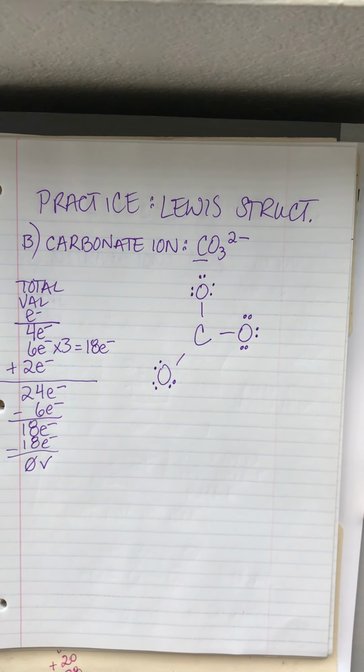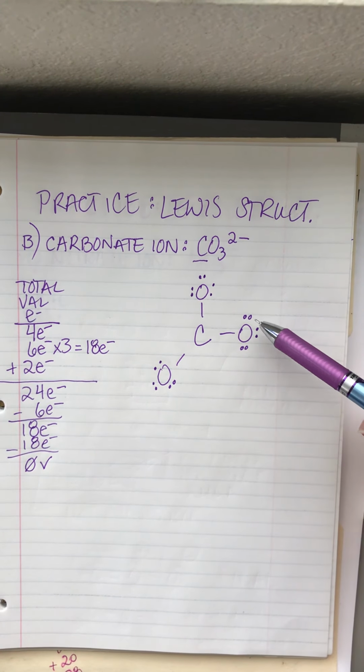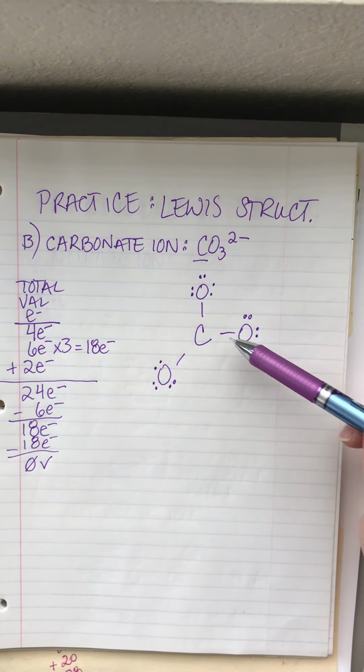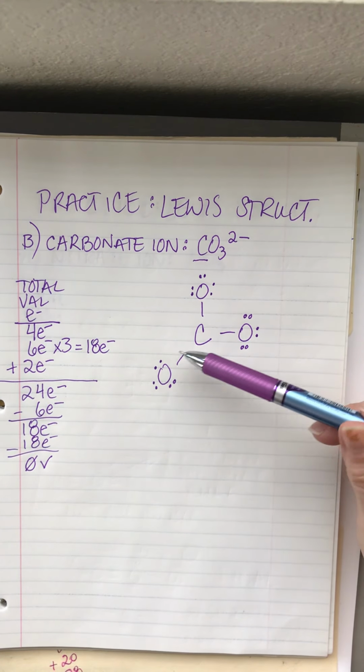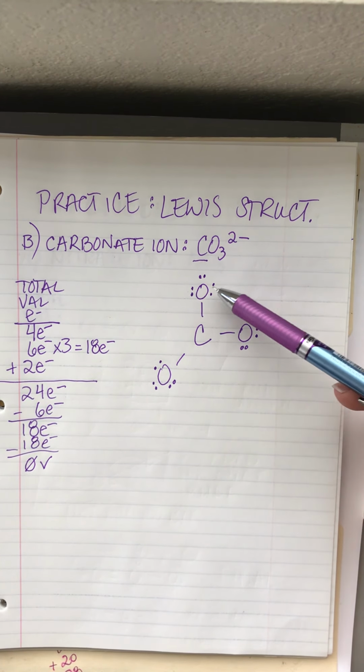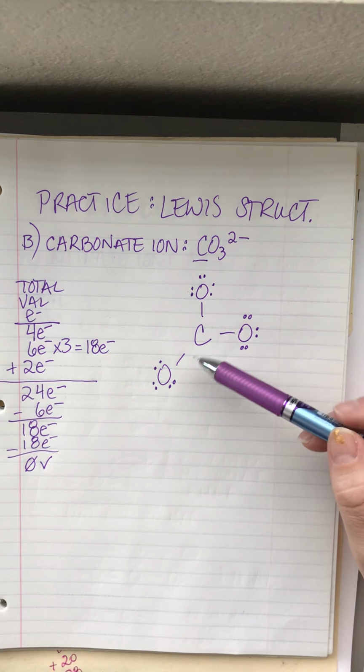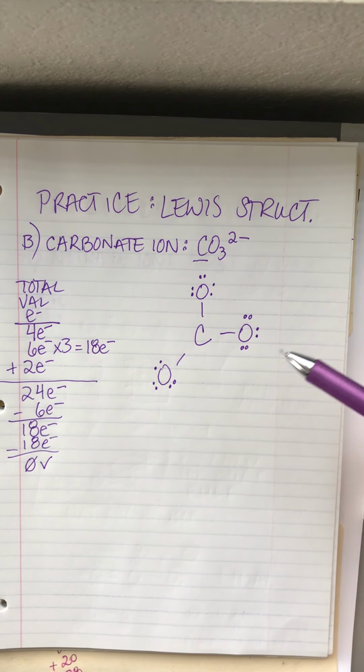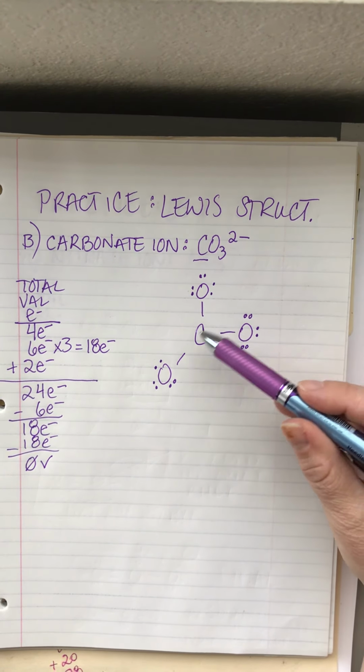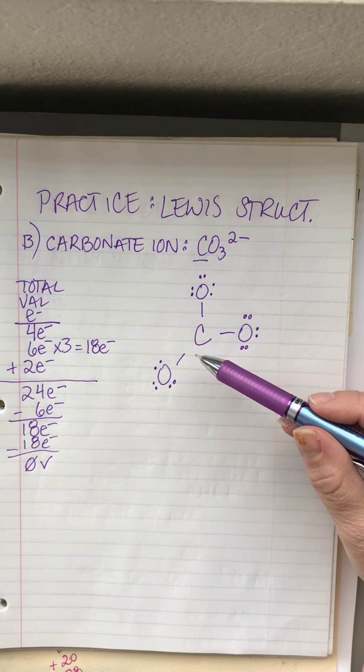The next thing I want to do is evaluate for the octet rule. I see oxygen here has 2, 4, 6, 8 around it, 2, 4, 6, 8 around it, 2, 4, 6, 8 around it, and carbon has 2, 4, 6. So carbon does not have a satisfied octet.